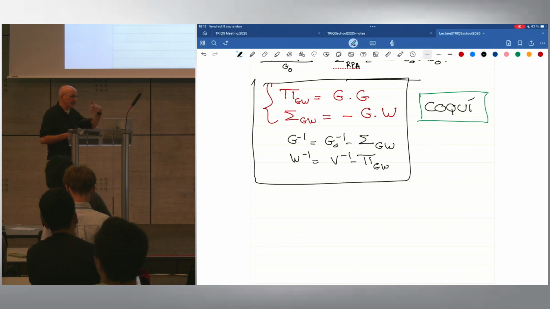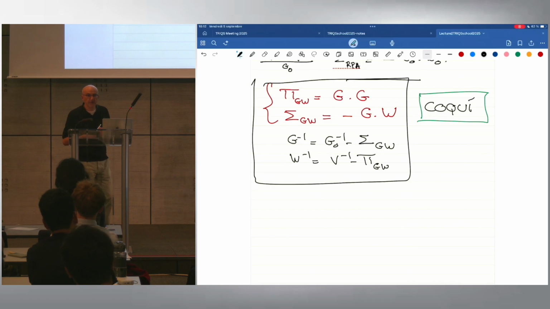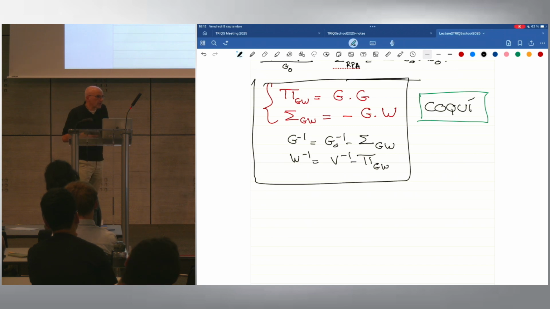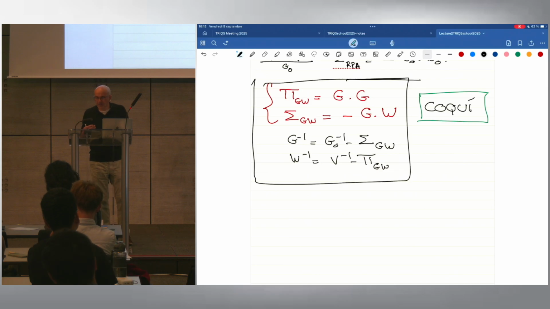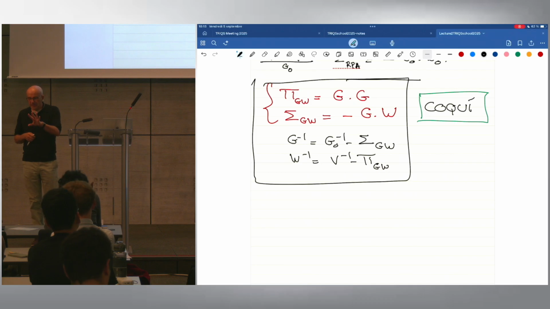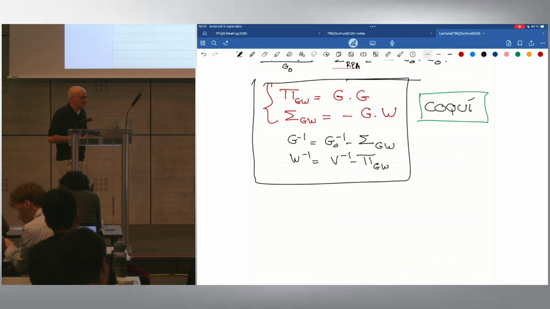So you can start from DFT just as a convenience, okay? But once you've iterated to self-consistency, it should be independent of the original starting point, for example, of the original functional you used in your DFT calculation. You may also decide to start not from DFT, but just from Hartree-Fock, or Hartree, or whatnot, and you should converge in the perfect world to the same thing.